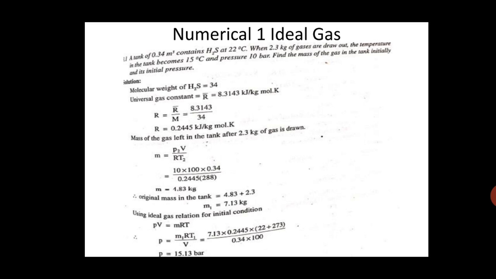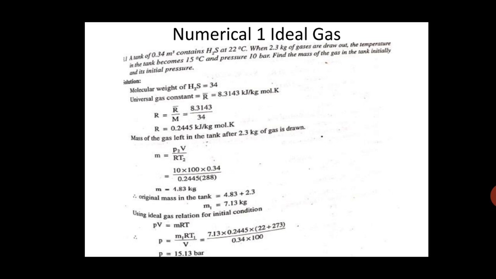Next is condition 2, when 2.3 kg of gas is drawn out, the temperature becomes 15 degrees, so you add again 273 to convert it into Kelvin, and the pressure is 10 bar, P2. What is asked is the initial mass of the gas and the initial pressure. So very simple: we calculated the molecular weight first, then found the gas constant for this particular gas, because we know the universal gas constant R bar, that is 8.3143, that is fixed, and then we know the molecular weight.